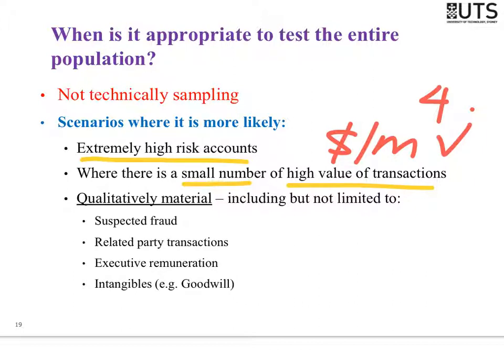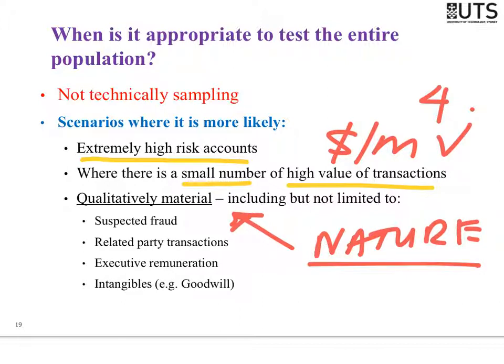Now, one other area where we might test the whole population is when it's material, when it's significant by its nature. Remember, that's qualitatively material. What are those situations? When you think there's fraud, when there are related party transactions, we test every single related party transaction because of the risk associated with it.